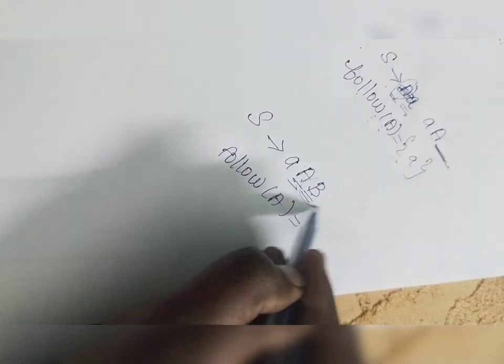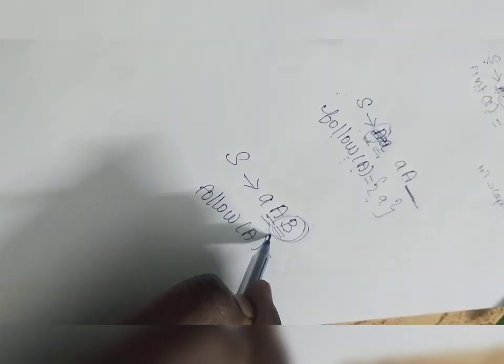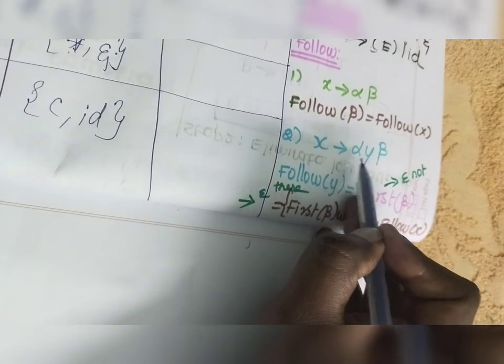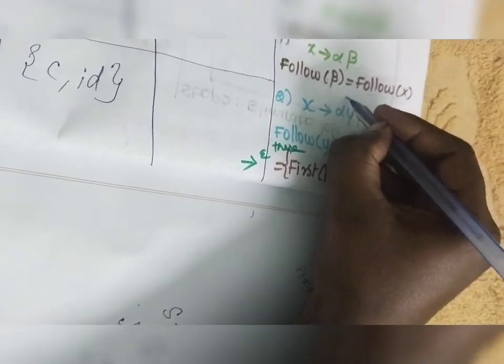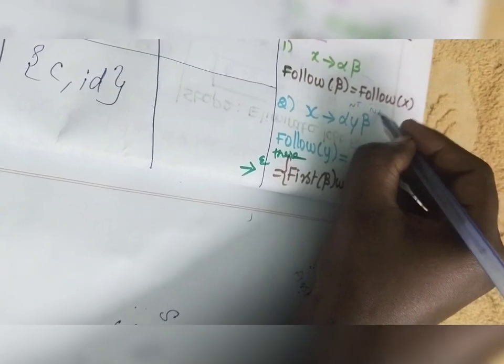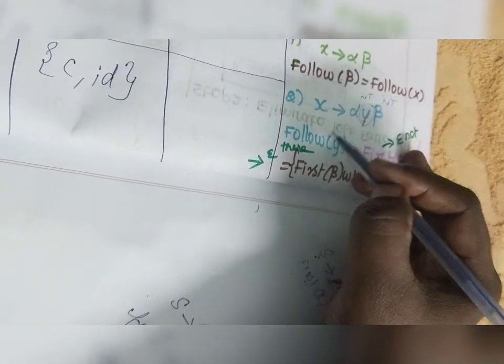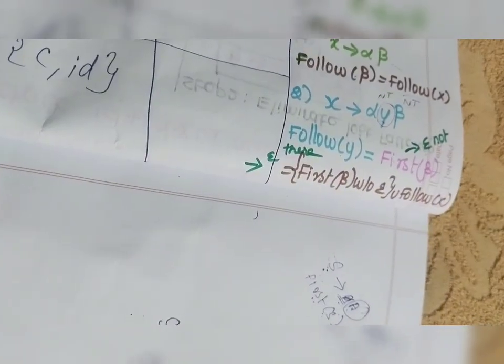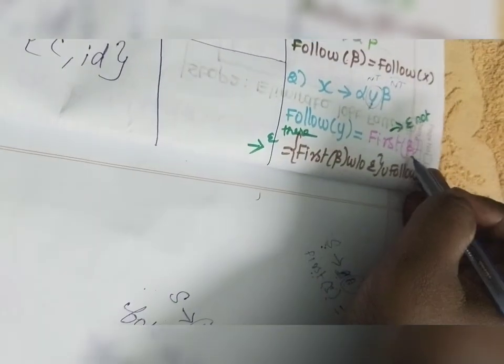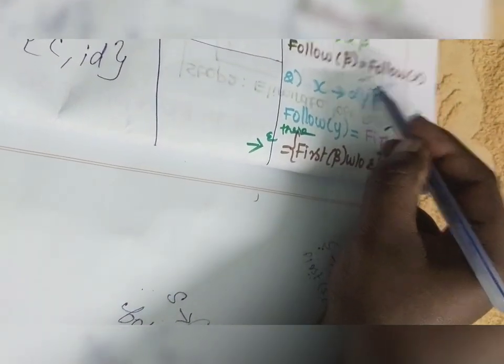If it has a capital letter following, now you have to apply another formula, that is X tends to alpha Y beta. Y is also a non-terminal, beta is also a non-terminal. If I want to find the follow position of the non-terminal Y, you have to check the first position of this beta.